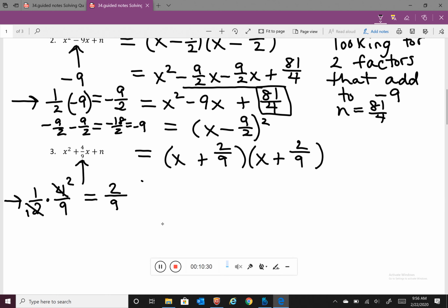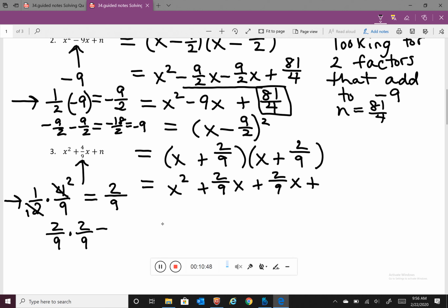And when we distribute here, we have x squared plus 2/9 x plus 2/9 x plus, and let's think about what 2/9 times 2/9 is.